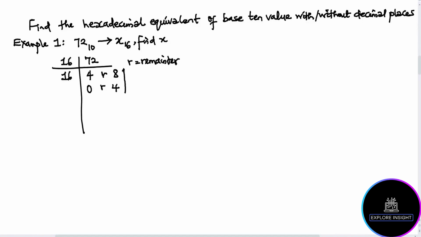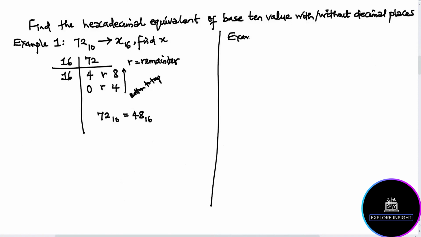Going with our arrow forward, which simply means from bottom to top, our value for 72 in base 10 will be 48 in base 16.